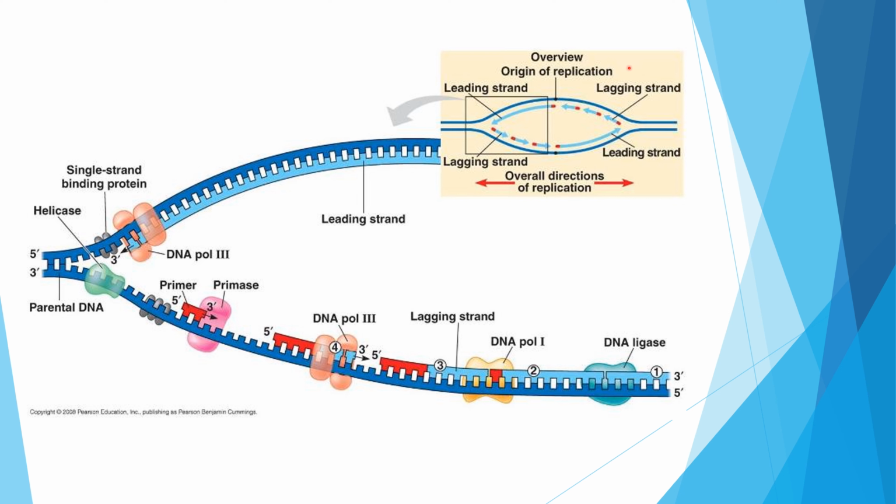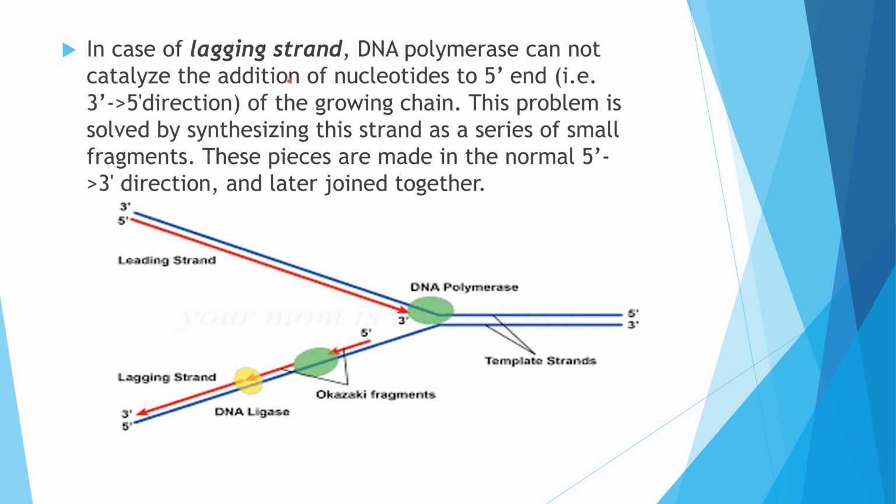Overview. This is the origin of replication. This one is the lagging strand, which moves away from the replication fork. This is the leading strand, which moves toward the fork. DNA polymerase cannot catalyze the addition of nucleotides to the 5' end of the growing chain.